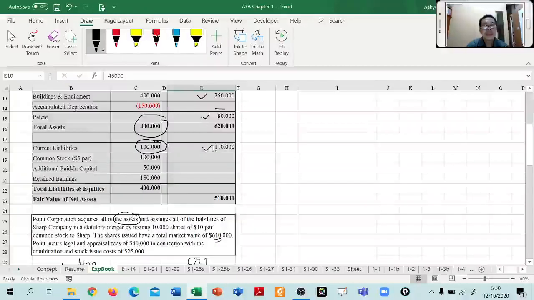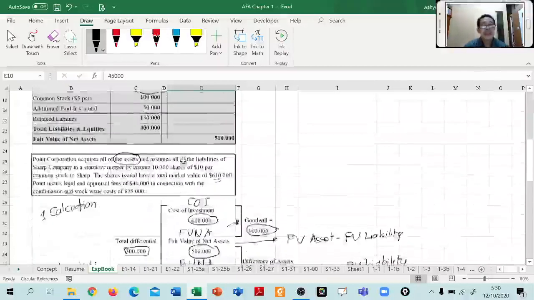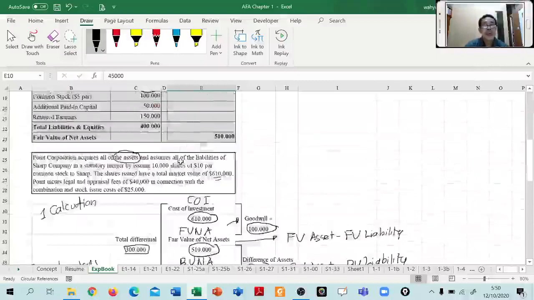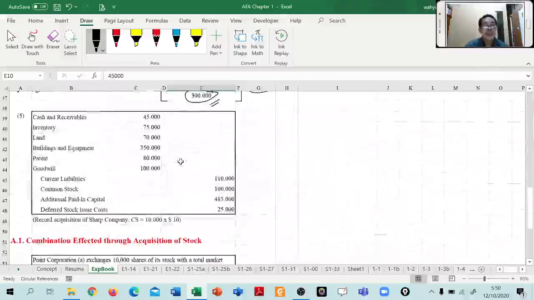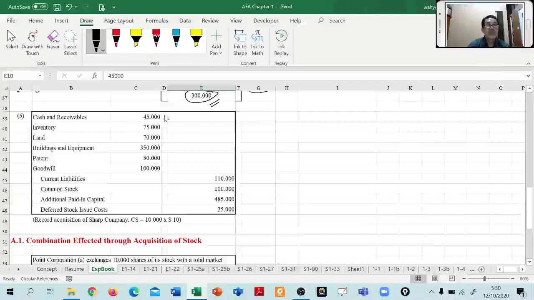So in this data, enter in the journal cash and receivable, inventory, land, building, patent, and goodwill, based on calculation. Then current liability 110,000 and common stock.